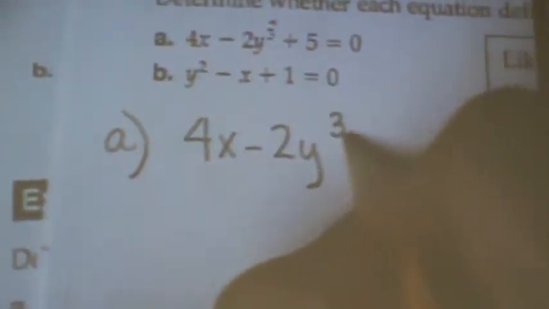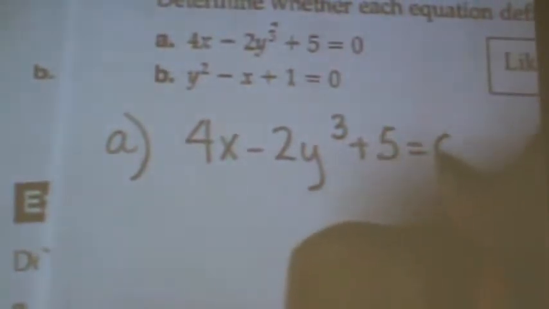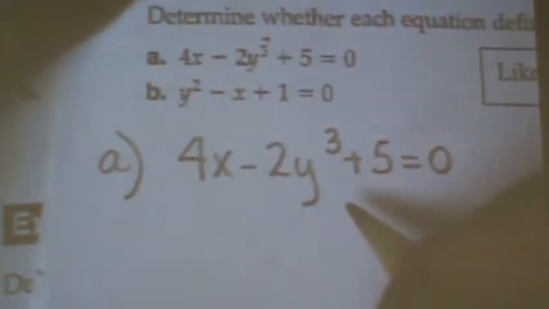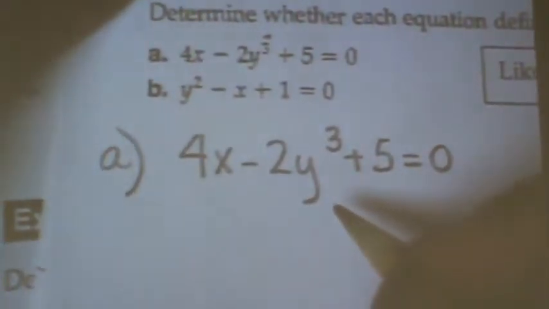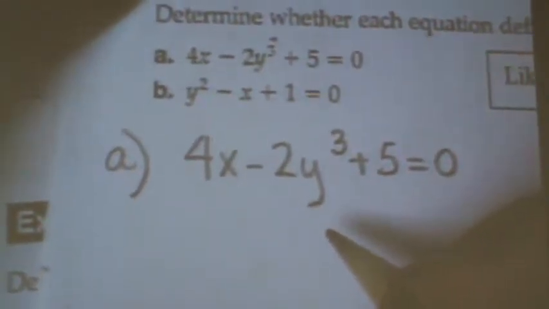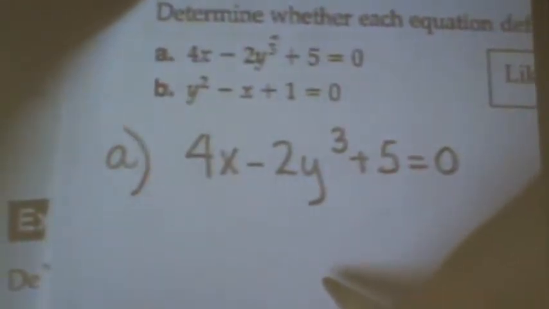If you look at these two problems, A and B, and I'm sorry they're hard to read, look at A. We're going to do them individually: 4x minus 2y cubed plus 5 equals 0. This is a relation, we're comparing x and y. If I ask you, is this a function? Most of you would want to graph it and see if it passes the vertical line test.